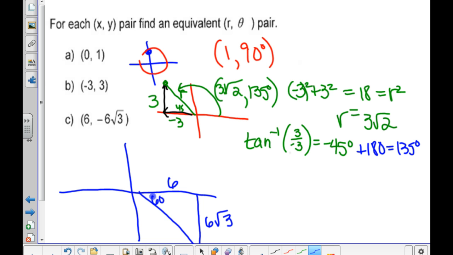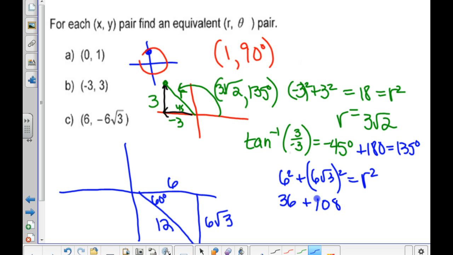This is 60 degrees in here, and it's 2 times the short leg, so this is 12. I'm going to do Pythagorean theorem just so we're sure we get this. This would be 36. This would be 36 times 3, which is 108, which is 144. So when we square rooted, everybody would get 12. Are we good? Okay.